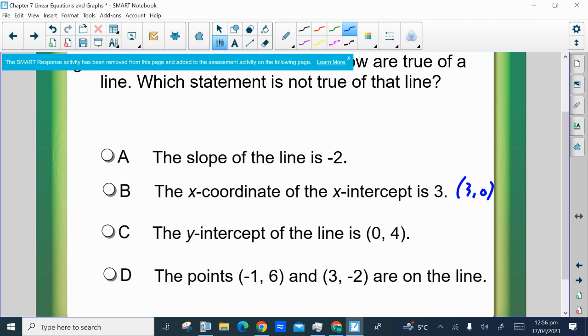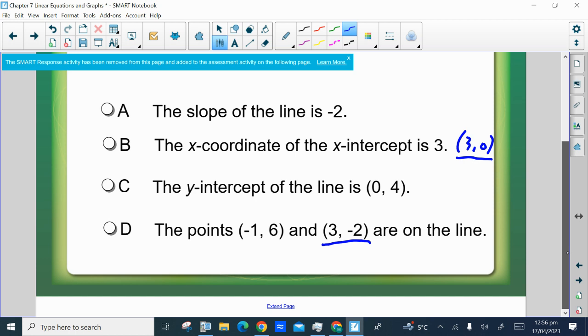Now, if you look at this point right here, it shares the same x component as the stated coordinate of the x-intercept. They both can't be right. Right? Answer B says that when x is 3, y is 0. Answer D says when x is 3, y is negative 2.